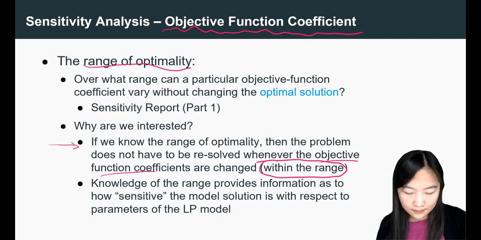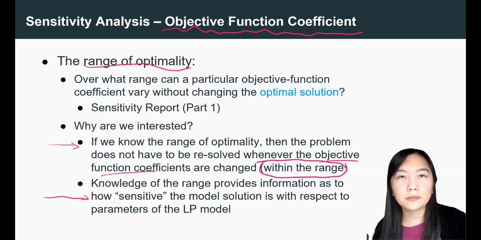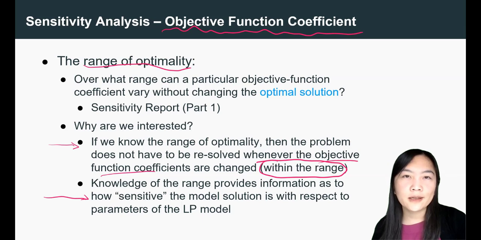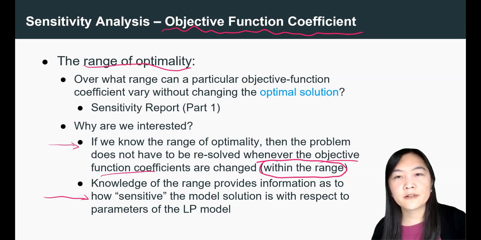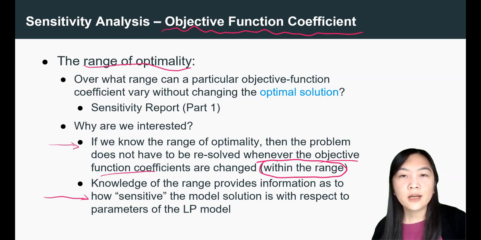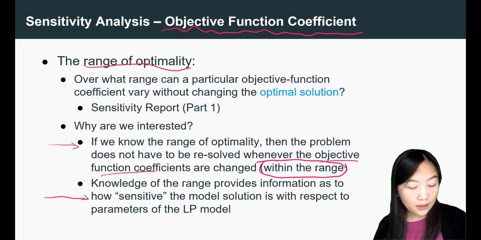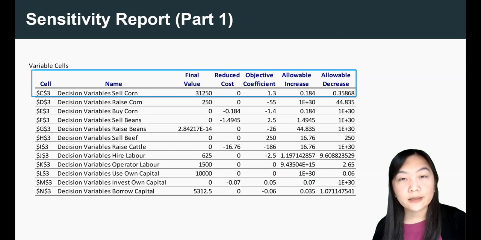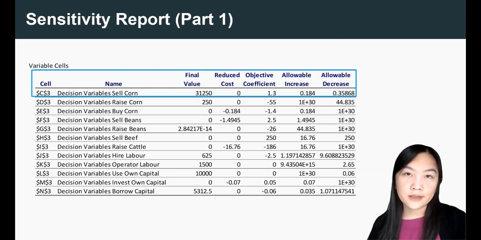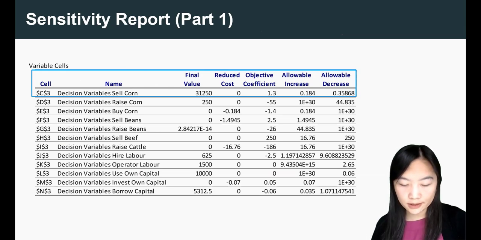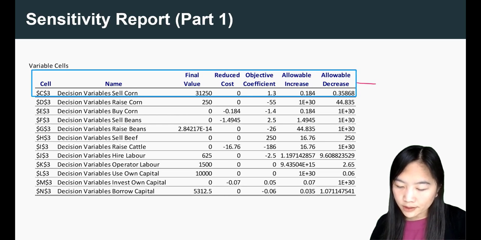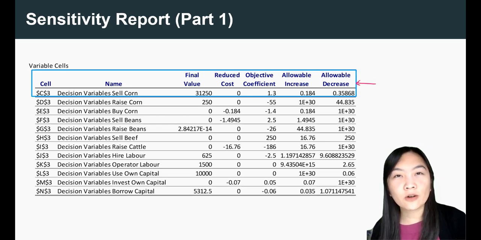That's one way. Another reason you're interested is because it can provide you some information about how sensitive the solution of your model is to the parameters of the linear programming model that you have just set up. So let's take a look at the sensitivity report here, and let's focus on the sell corn coefficient.